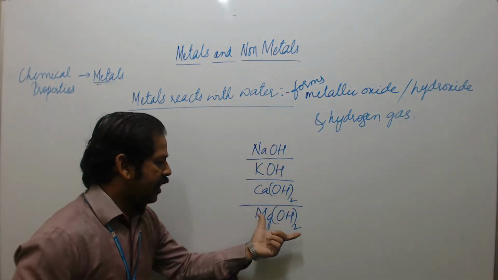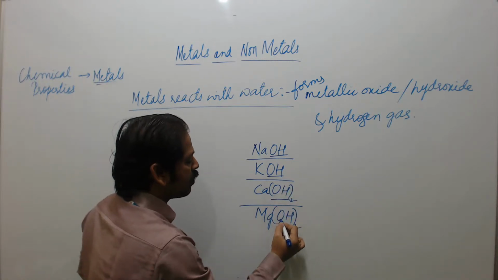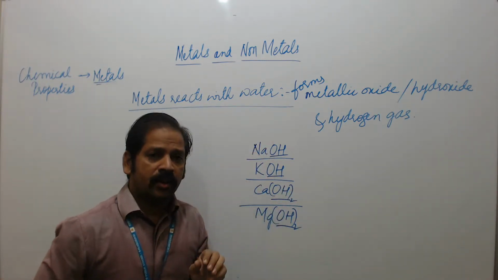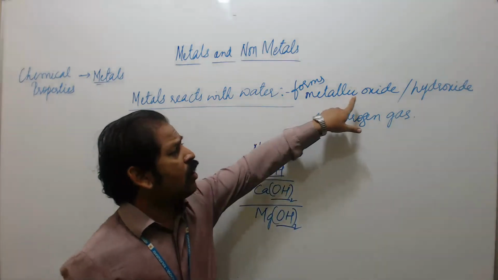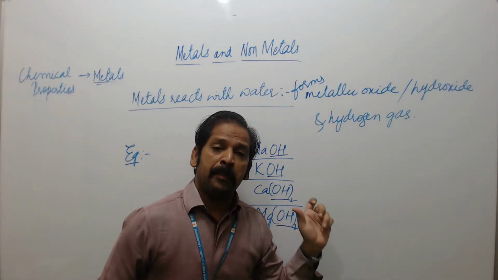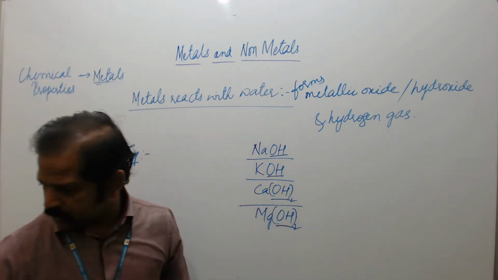These all are the reactions where I got hydroxide, hydroxide, hydroxide, all metallic hydroxides. But I wrote metallic oxide also. Yes, now we are going to get the oxide. Okay, we'll go for it.